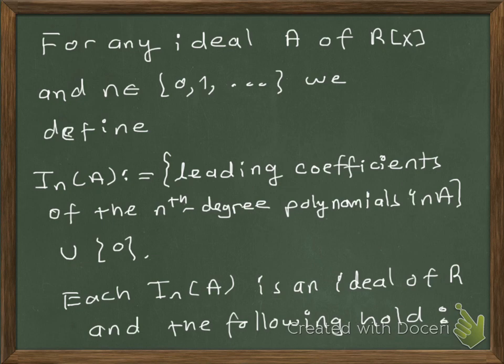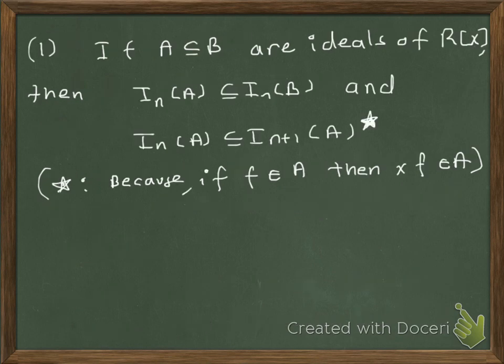So I_n is an ideal for any value of n, and here are some important properties for us. If A and B are two ideals with A contained in B, then their I_n's bear the same inclusion relationship for each value of n.